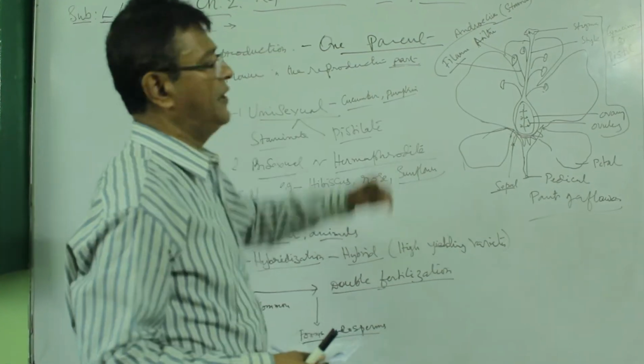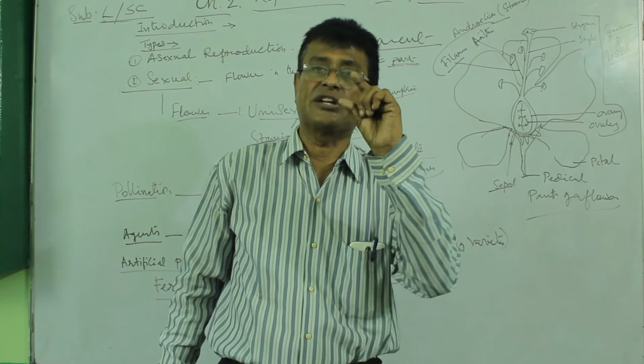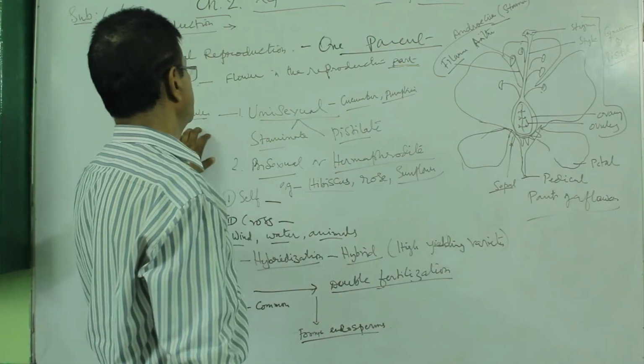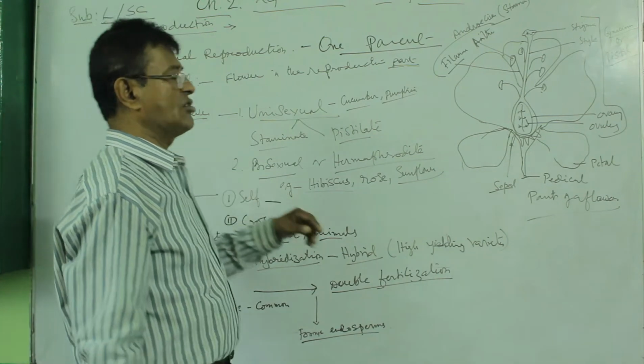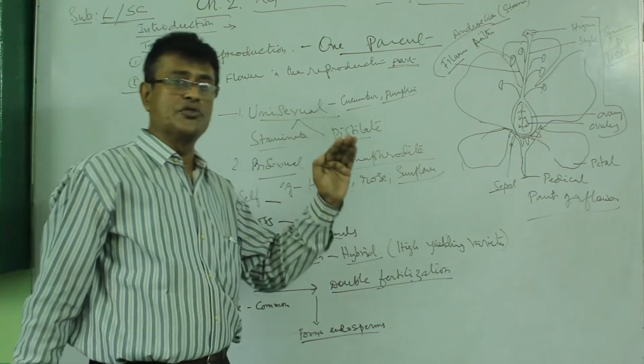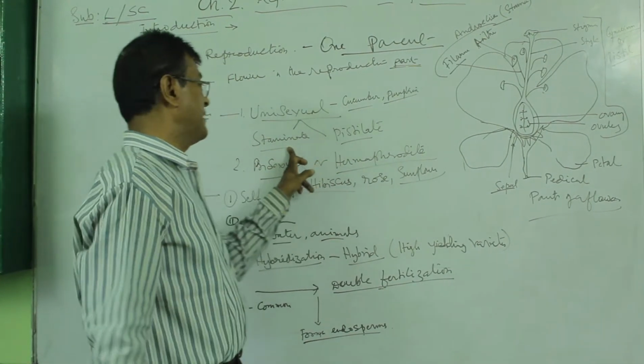Pumpkin and cucumber flowers are unisexual because they have only one sex organ, either male or female. The single sex organ flowers are unisexual. Out of these, some have only male parts, so they are known as staminate.